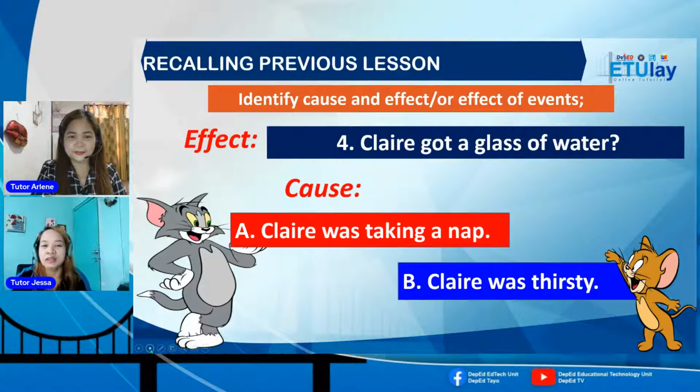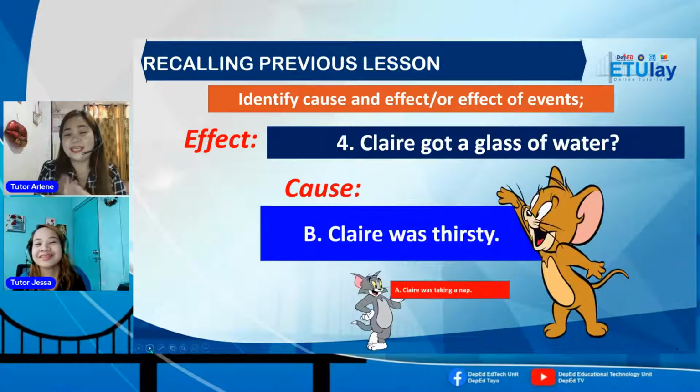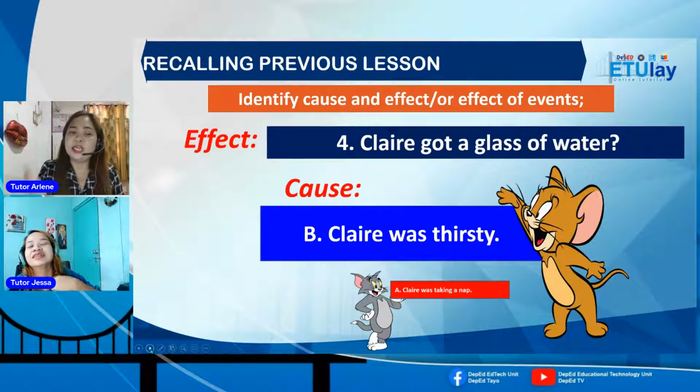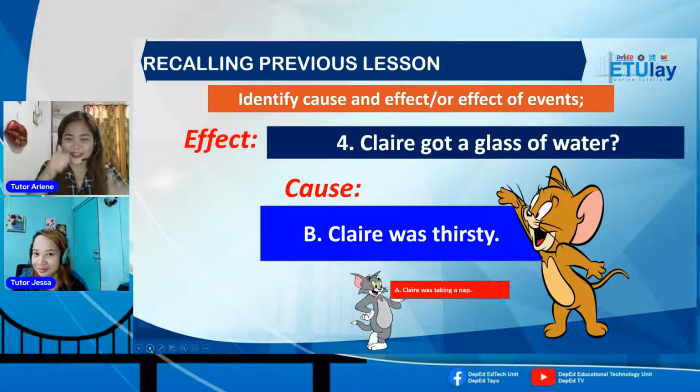And Alexia, they all answered letter B, Tutor Arlene. Are they correct? The correct answer is letter B. Claire was thirsty. That's why she got a glass of water to drink. Good job, kids. Yay, good job.